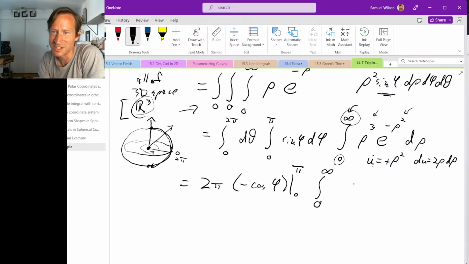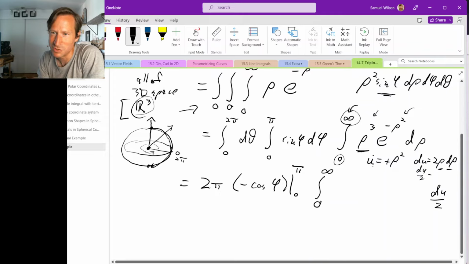So let's see, we can take one of these factors of rho and combine it with d rho to get du over 2, right? So what I'm saying here is du over 2 equals rho d rho.